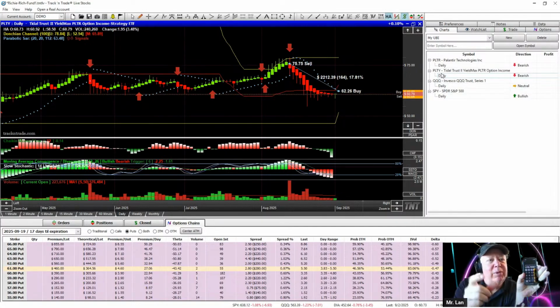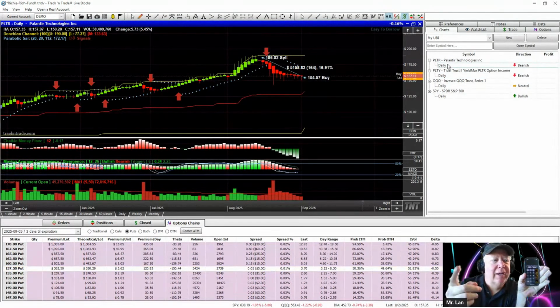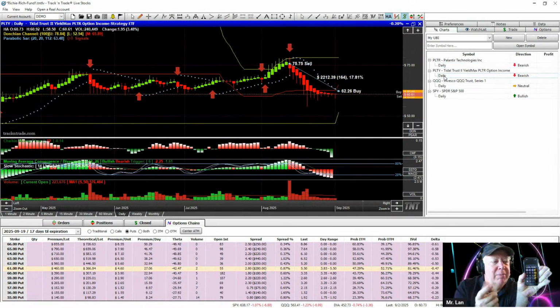But what happens in PLTY during that 3 or 4 months while you're waiting for PLTR to come back to break even? You're getting dividends. So now I've got 3, maybe 4 dividends in the same amount of time that you're waiting for PLTR to get you to break even. PLTY has now paid me 3-4 dividends, and I'm back to break even already. In fact, I'd be back to break even at this rate in 2 dividends. Right?